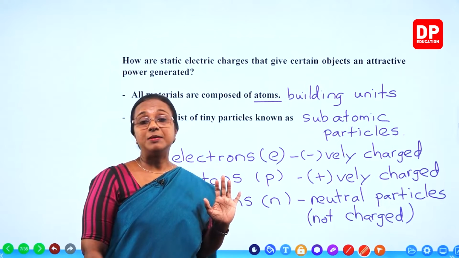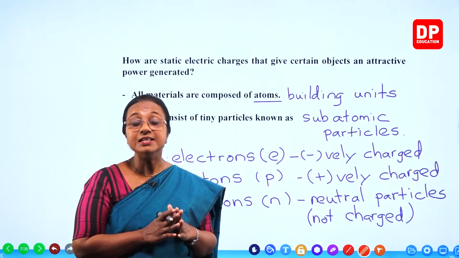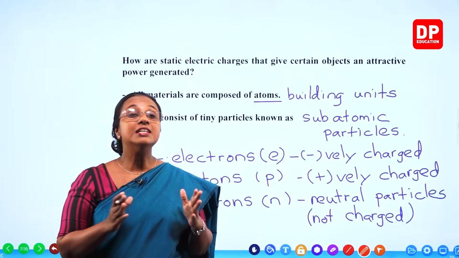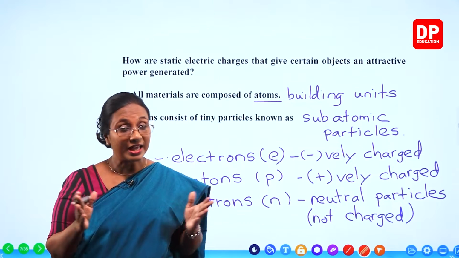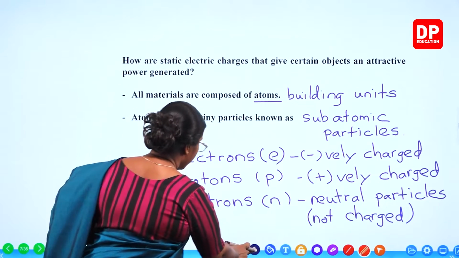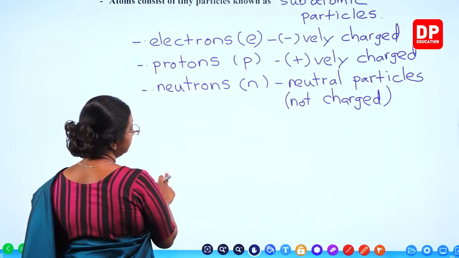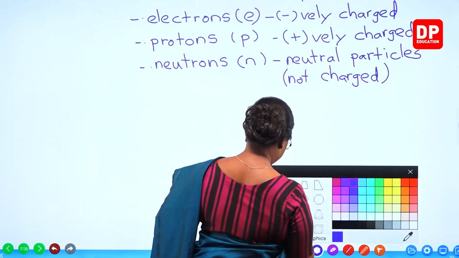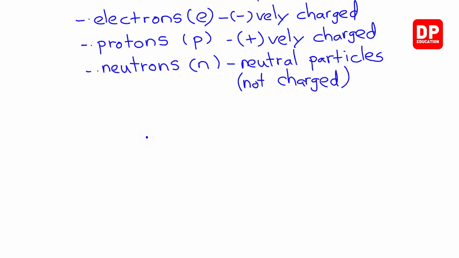And these subatomic particles are arranged in a certain manner in atoms. So that is what we call the structure of atoms. You all can remember the structure. Now if you take an atom, normally it has the nucleus.